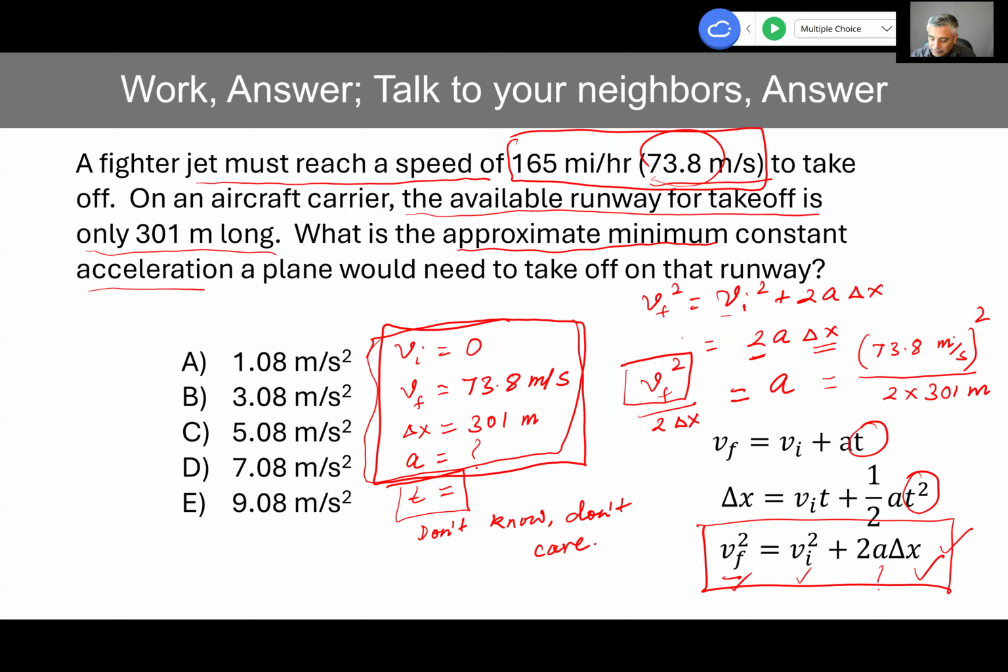So there is a meter, there is second, so it's going to be meter square over second square, and one of the meters is going to cancel, so we get the unit meter over second square, and that's the unit of acceleration. That makes sense. And we need to square this, and divide that by this 602. Okay.